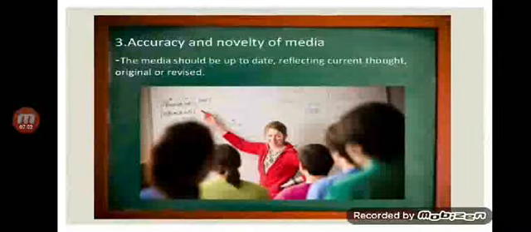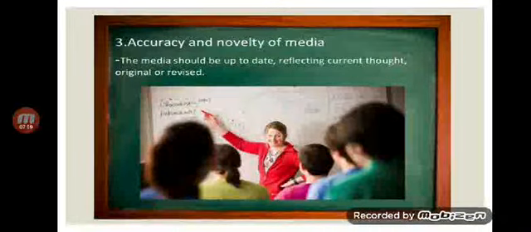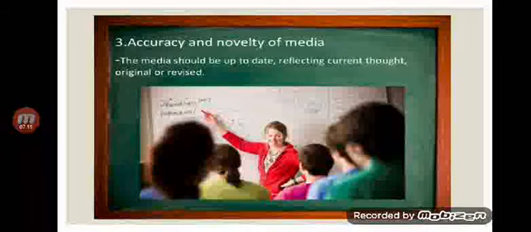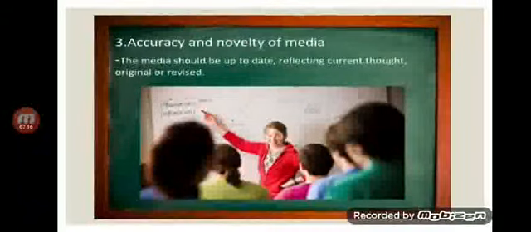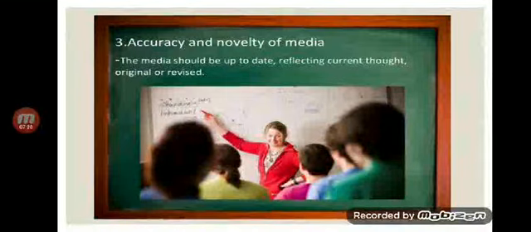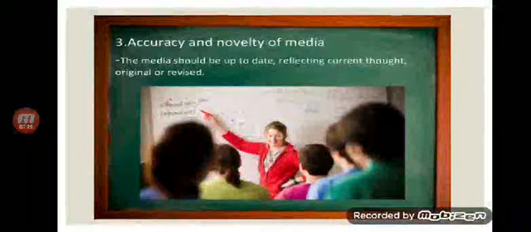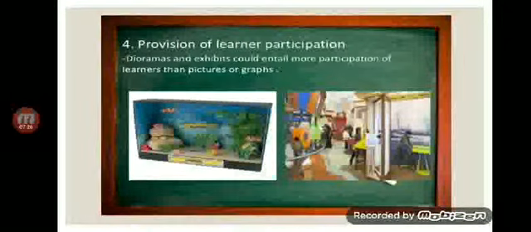So the media should maintain accuracy as well as originality. It should not be outdated. It should be an updated one. And it should reflect the current ideas and thought, so that the student can learn very advanced information.